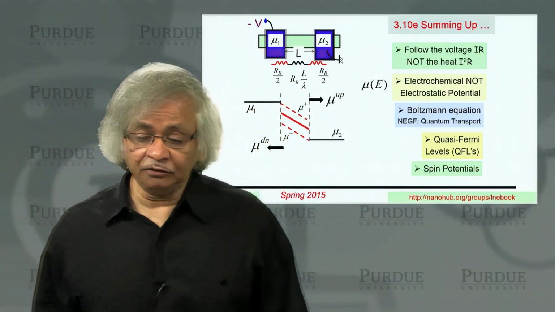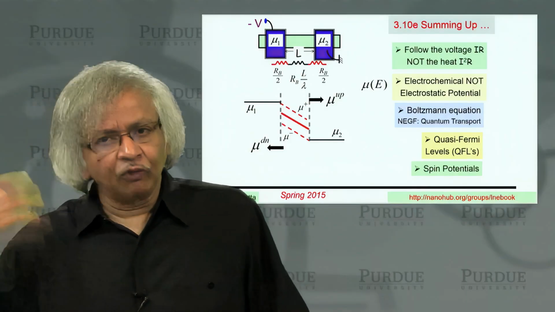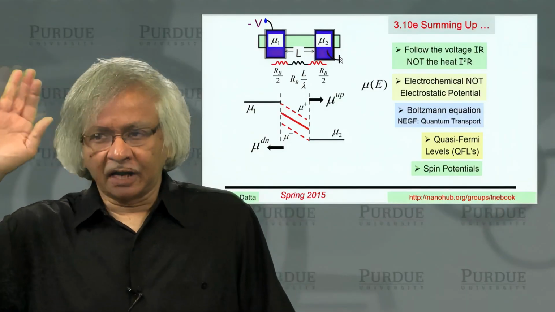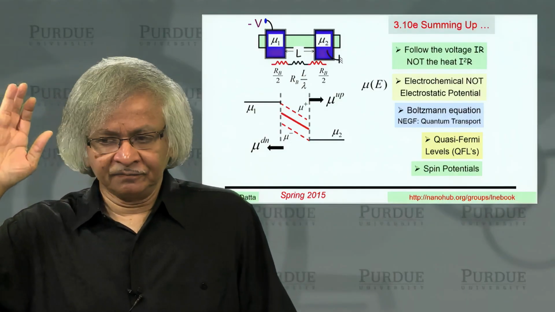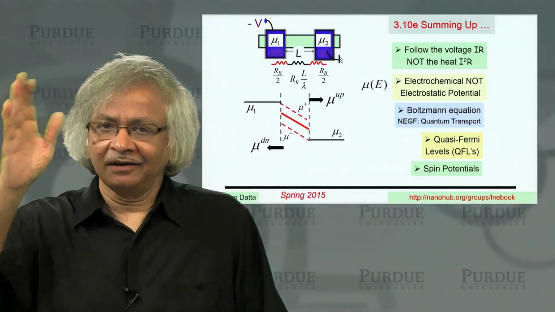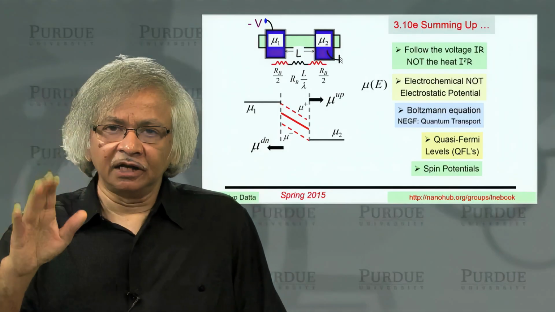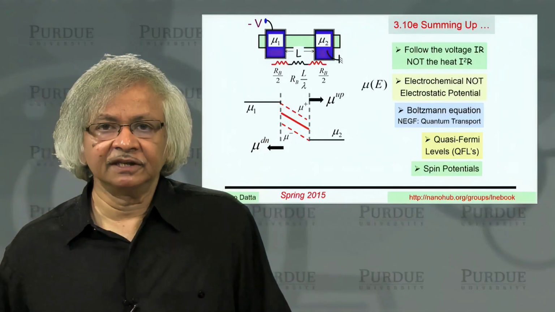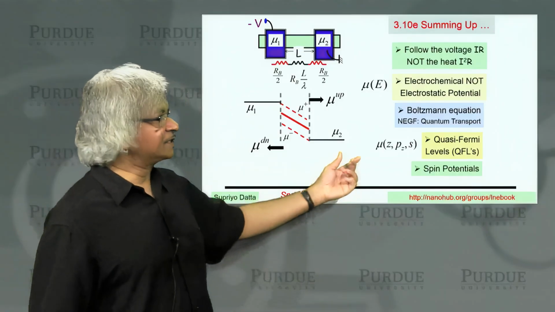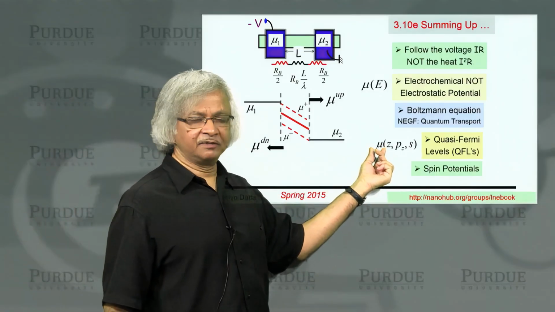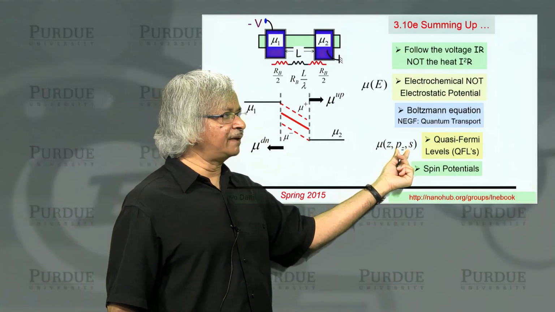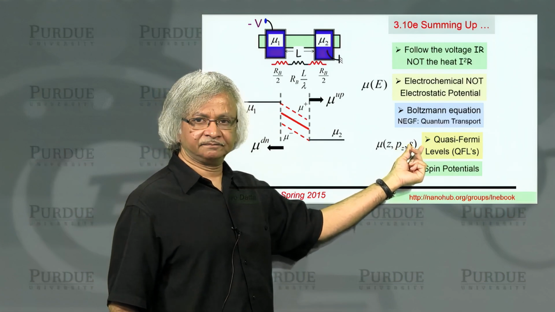And in general, how you could actually have four quasi-Fermi levels: upspin moving to the right, downspin moving to the right, upspin moving to the left, downspin moving to the left. That is, in general, you could have a quasi-Fermi level mu for a particular momentum and a particular spin direction.